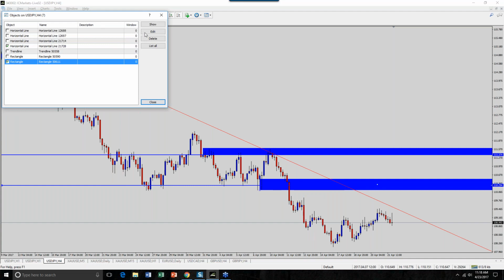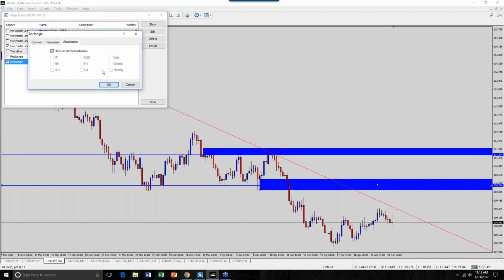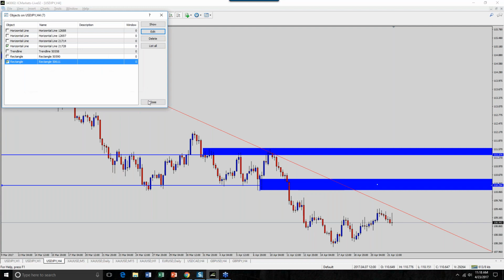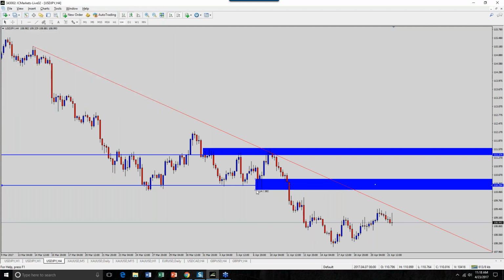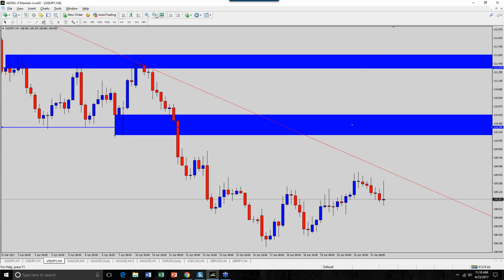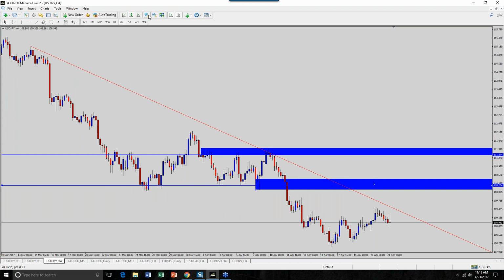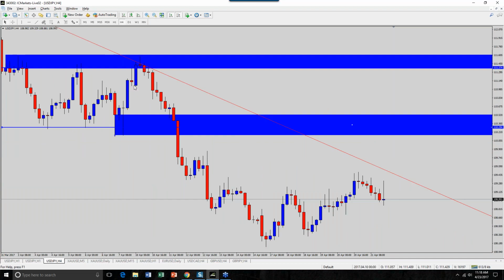Objects list. If I extend it a little bit more, you can see that we've tapped into these two regions, but more importantly, those two regions are your support and resistance areas, right? So right away, if you turn around and look at these regions as a whole, and you can see these lines.